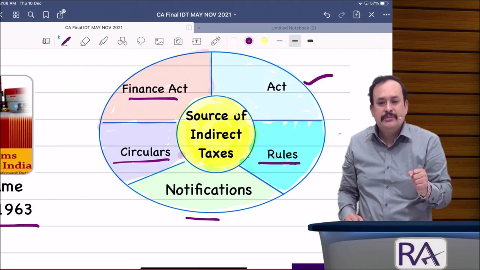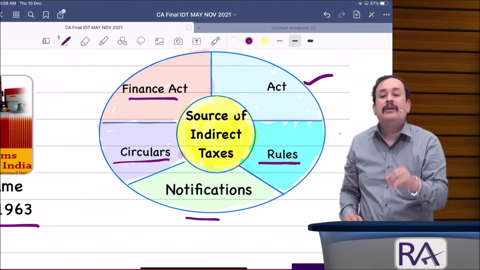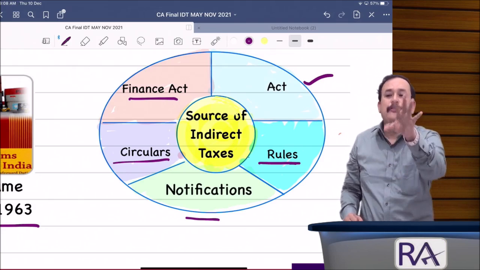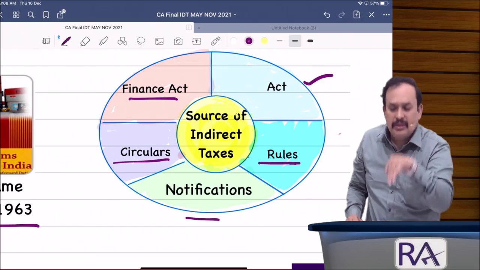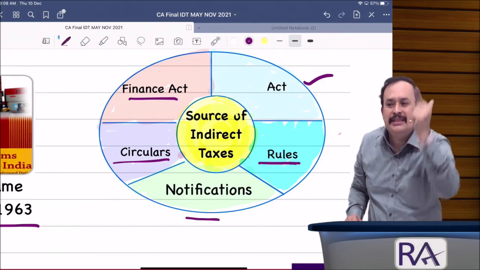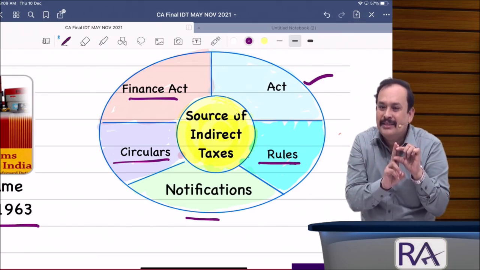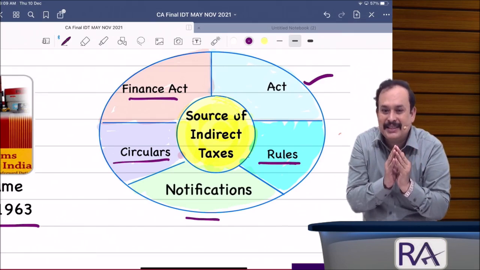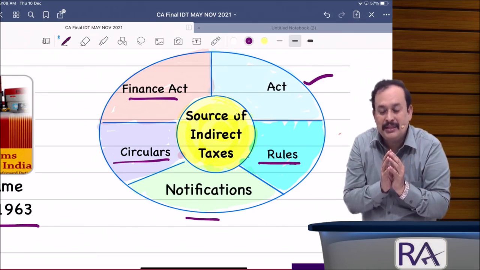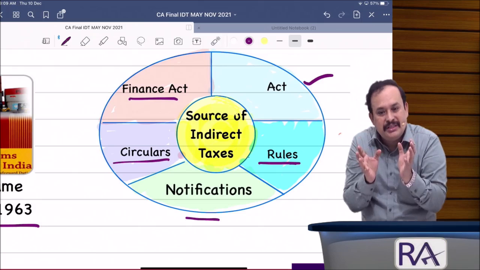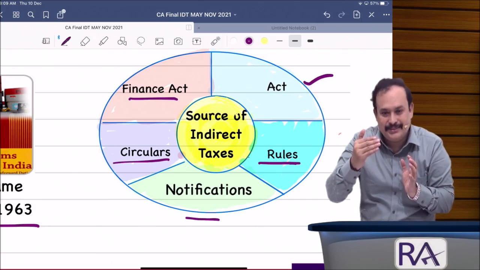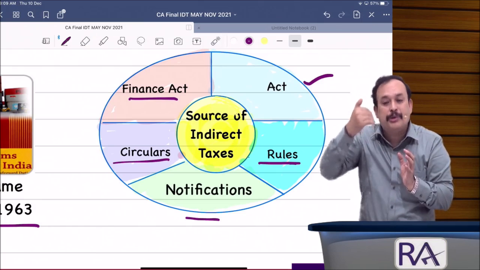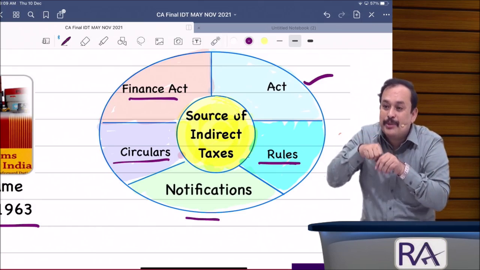Take the Customs Act. Let us say, for example, the rate of basic customs duty is increased from 10% to 12%. That amendment is brought through the Finance Act. You get my point, sir? So the amended provisions come from the Finance Act, appended with the Act, and to implement those provisions, a notification is issued by the government.